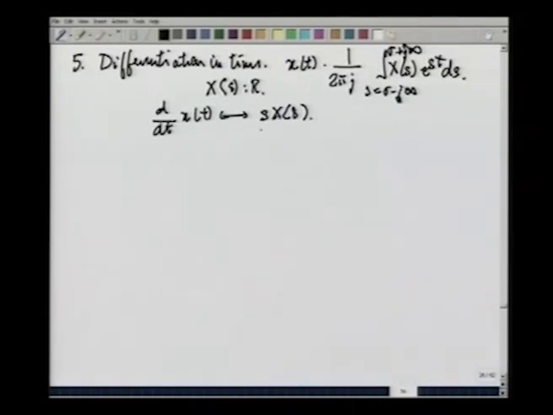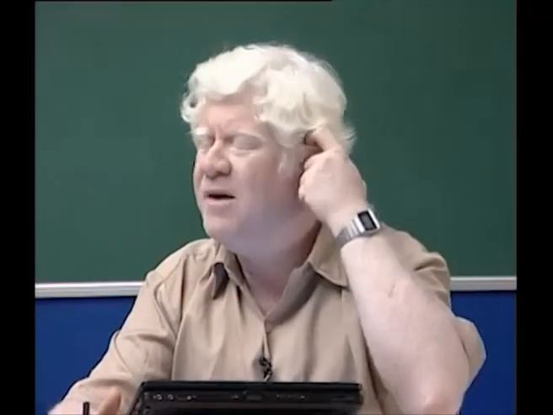We see that there is a factor s that multiplies X of s. Now, factor s is known to be finite for all the finite s plane. So, if X of s is finite in some place, s X of s will be finite in that place. If X of s is not convergent at some place, then nor will be s X of s.